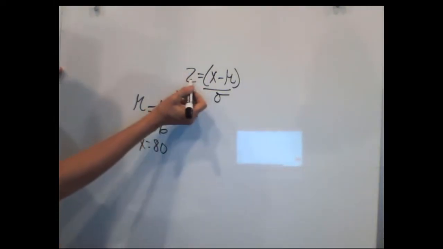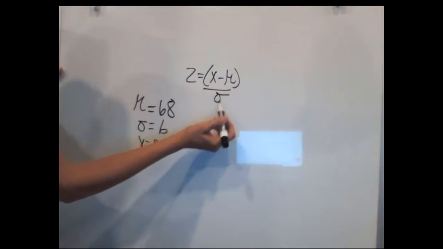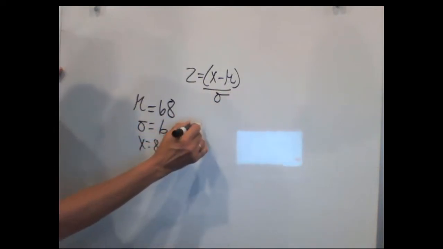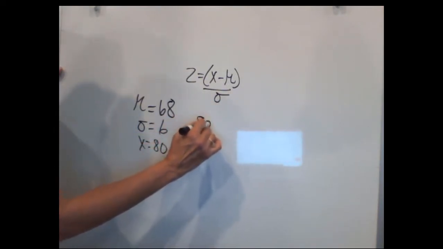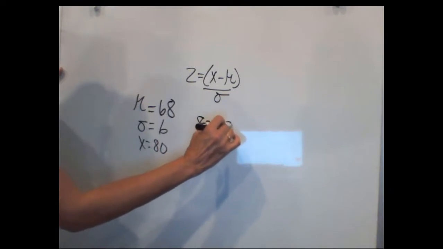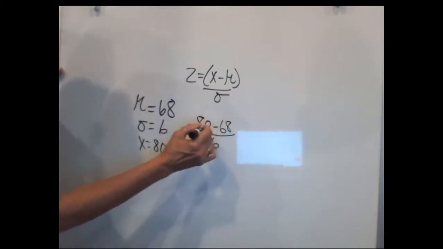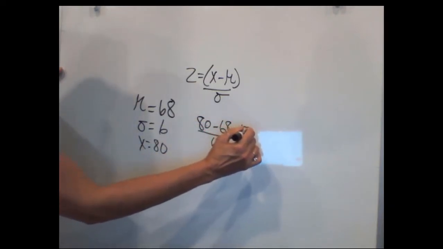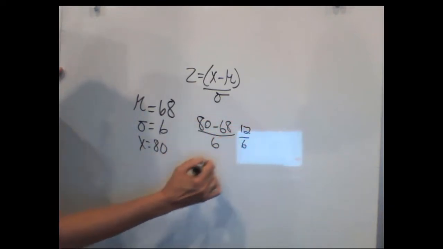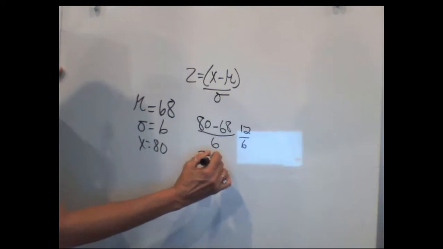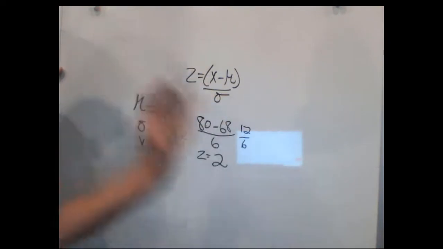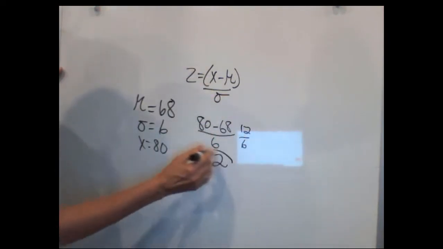So my z-score formula is the score minus the mean divided by the standard deviation. So I have my score of 80 minus the mean of 68 divided by the standard deviation of 6. 80 minus 68 is 12, divided by 6, which gives me a z-score that's equal to 2. Now I like to draw this out to see where this z-score is.